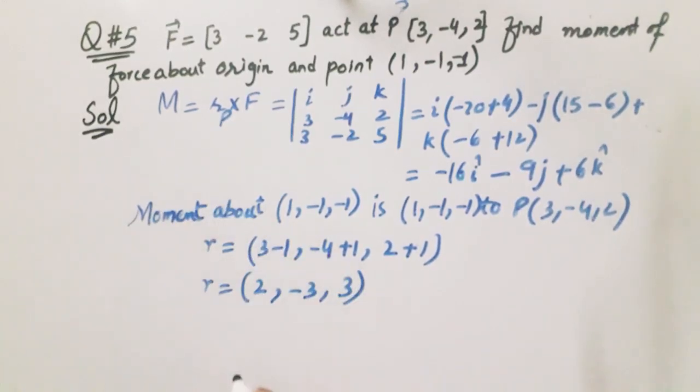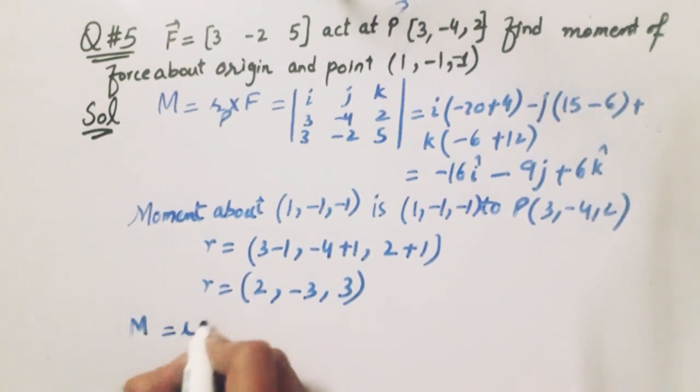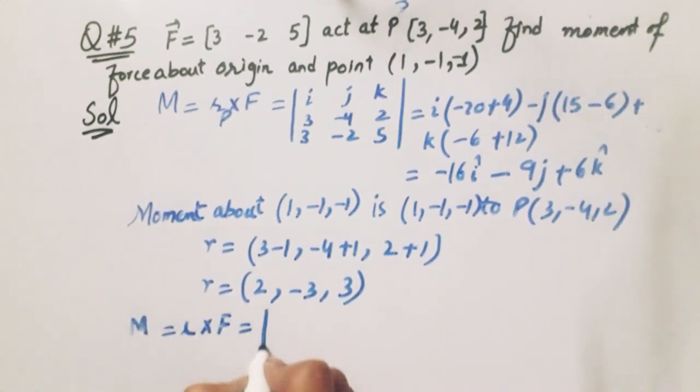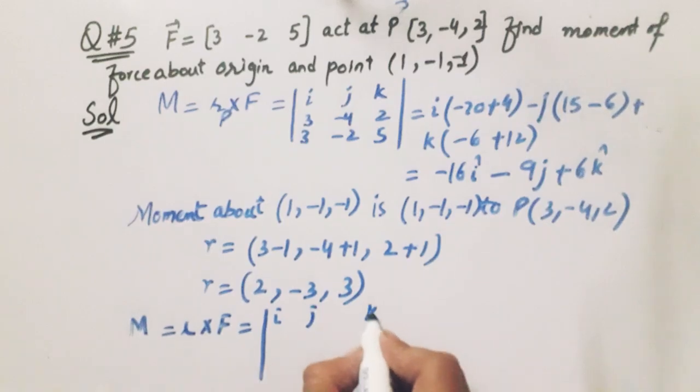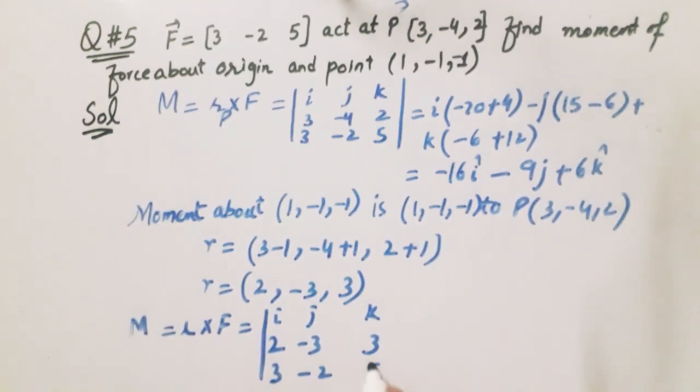Now you will again find out the moment about this point, which is equal to r cross f. So ijk remains the same and r will be changed. So r is equal to 2, minus 3 and 3. Now the last row is 3, minus 2 and 5. Now you will expand this with respect to row 1.